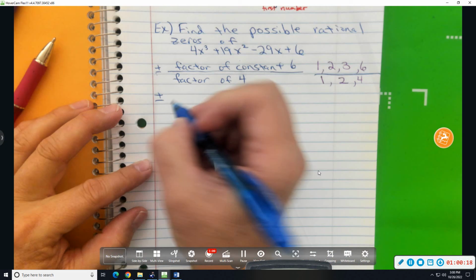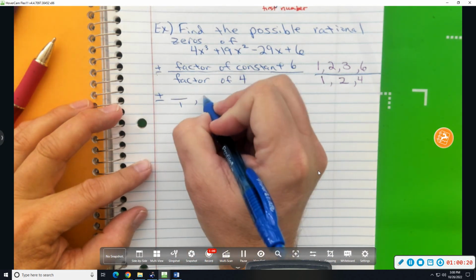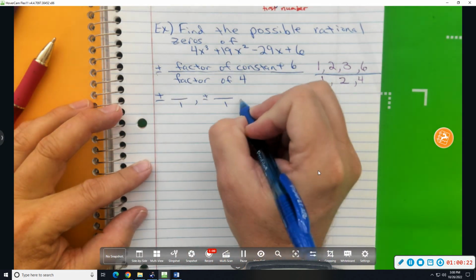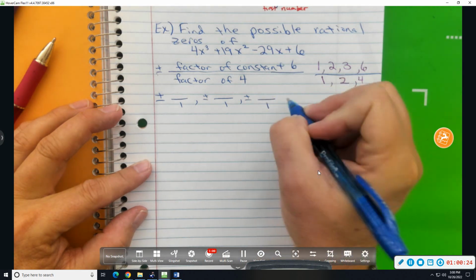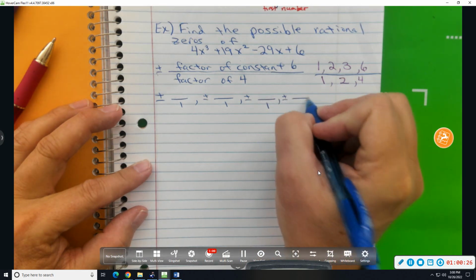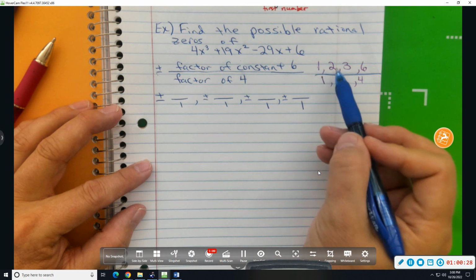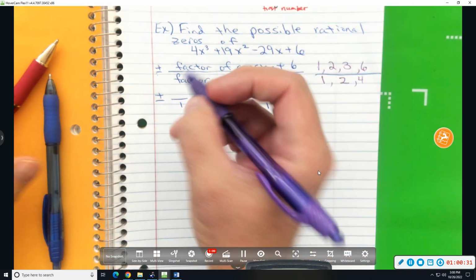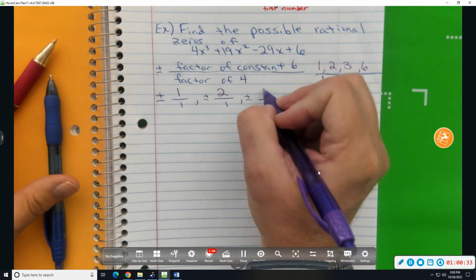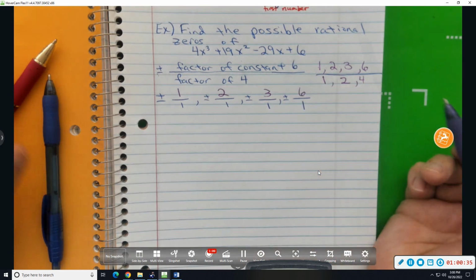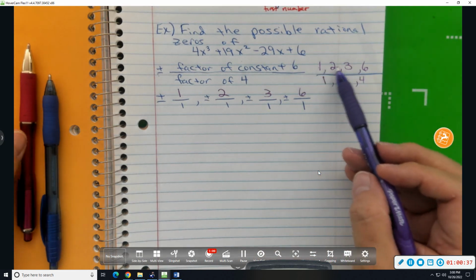We're going to put them all over 1: 1, 2, 3, 6.